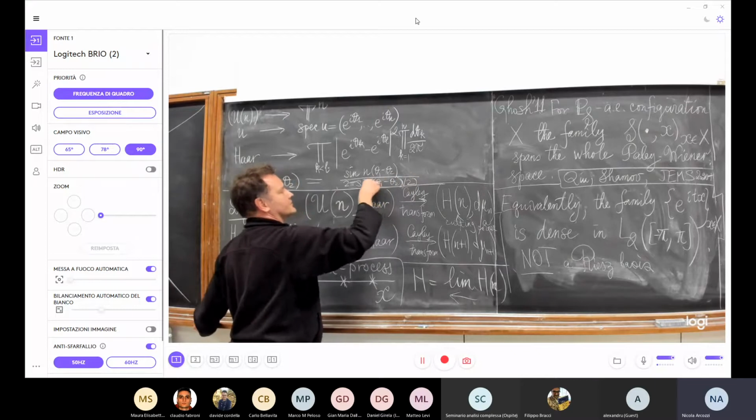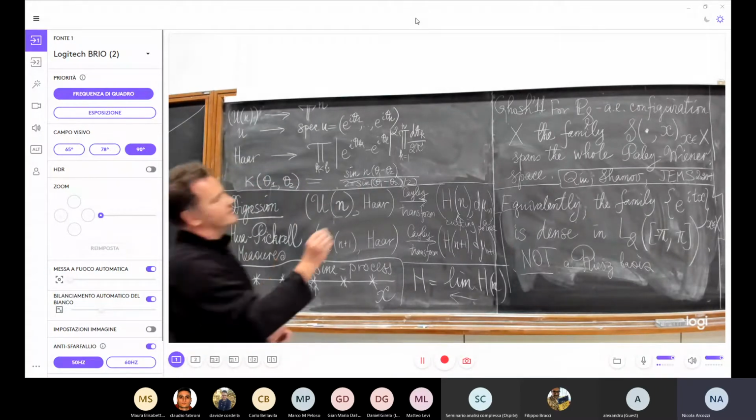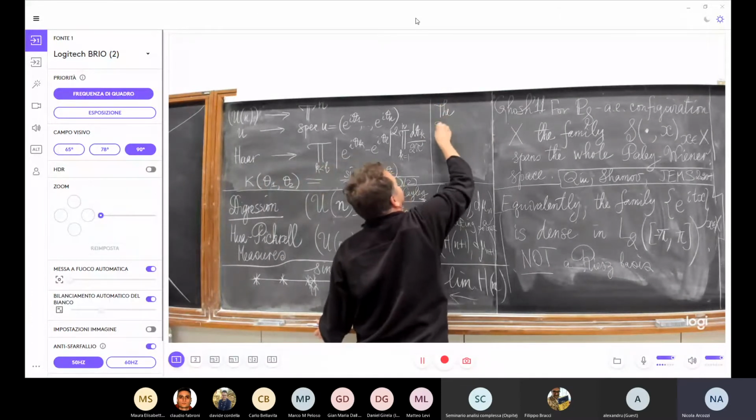So this will be the reproducing kernel in this case. And the analog of the Paley-Wiener space in this situation will be the space of trigonometric polynomials of degree up to n.